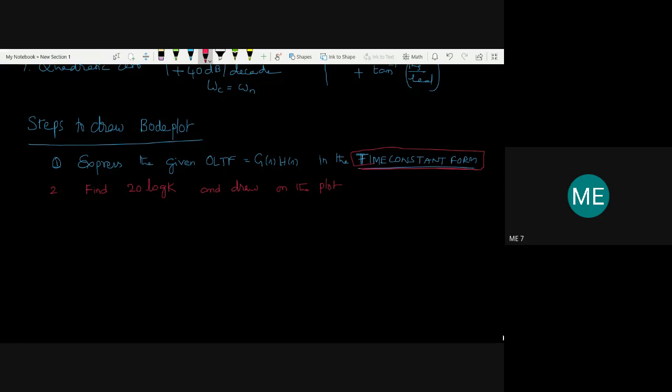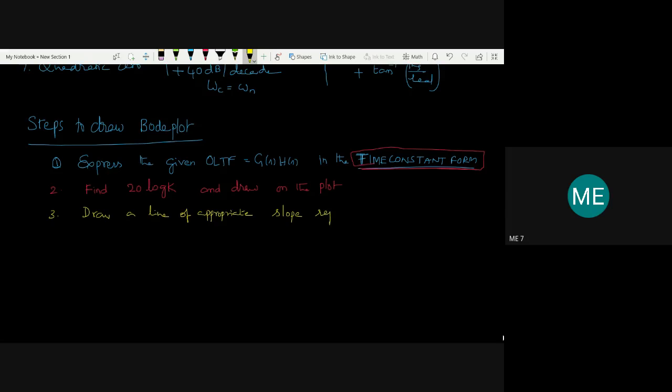Then the third one, we need to draw a line of appropriate slope. Why I am telling this is, the appropriate slope depends on the number of poles or number of zeros at origin. Okay, that we'll discuss when discussing the problem.